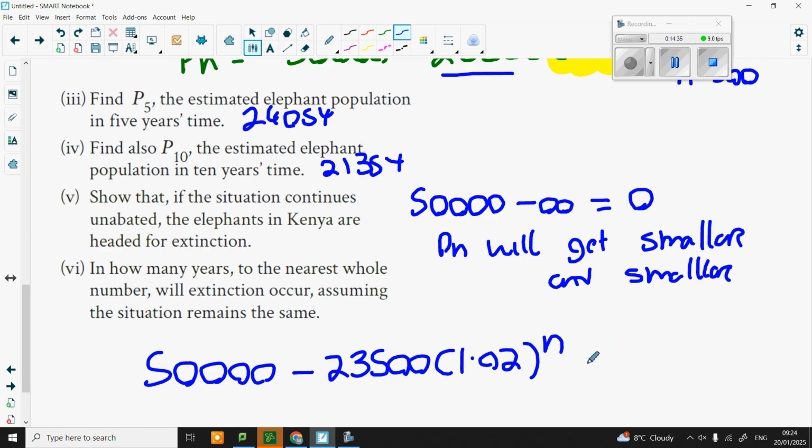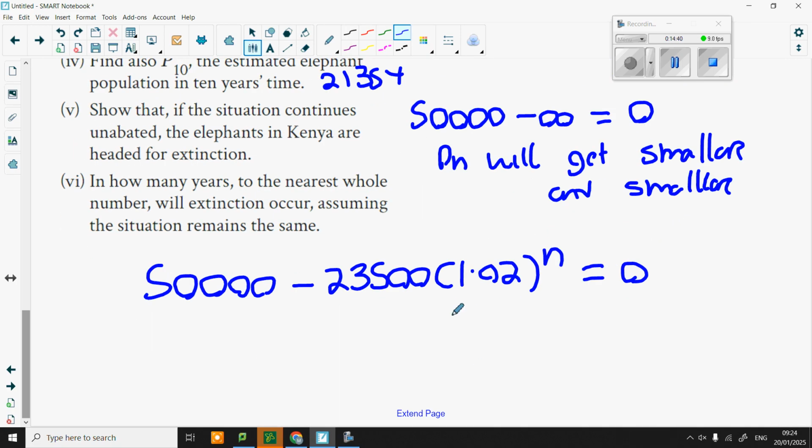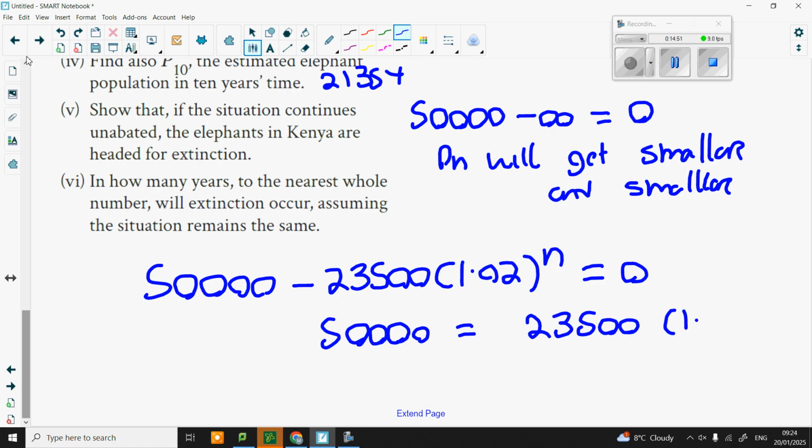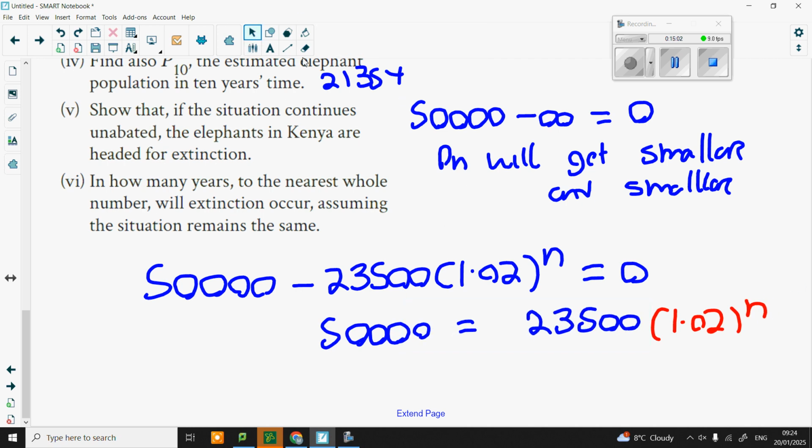Well, you can find out when it equals 0, and then any year above that, it's going to be extinct, won't they? So what do we do next? What am I going to do with that 23,500? Well, I'm going to bring it down, divide it.